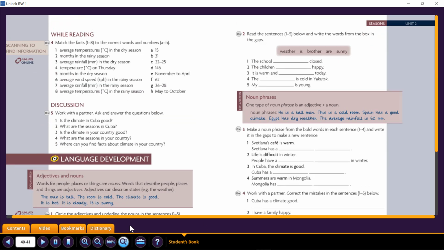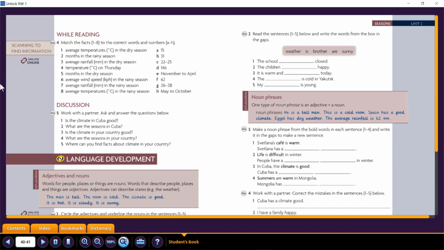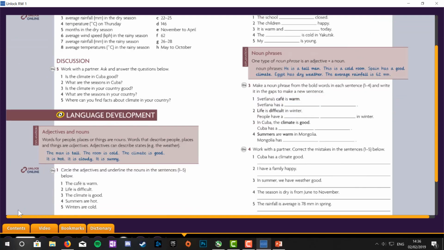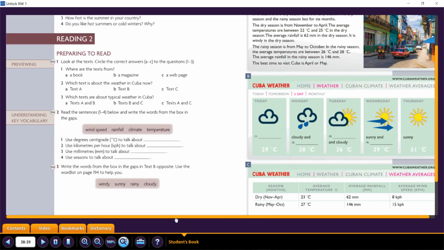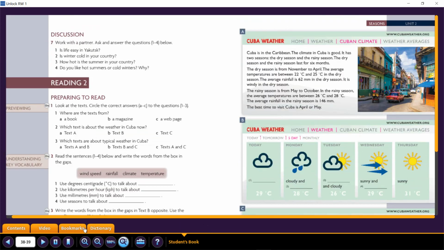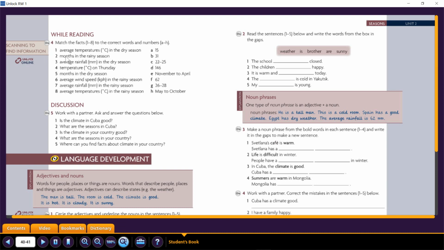Now, ladies, moving to scanning to find information. Here, ladies, you are requested to scan the text here. Scan these 3 texts to find those specific information.